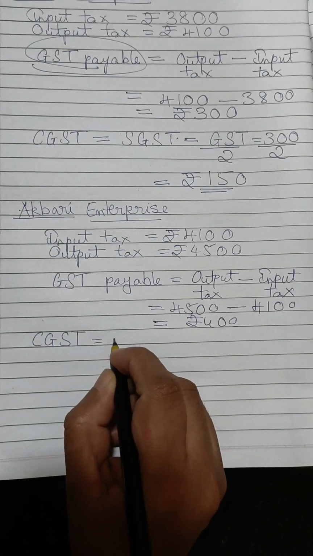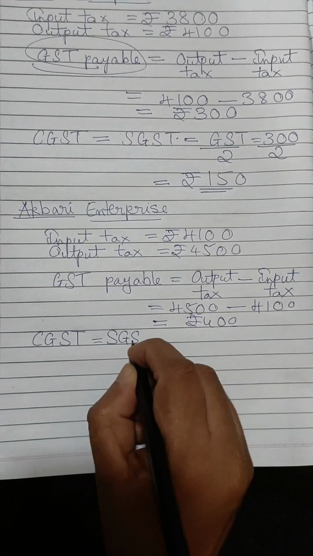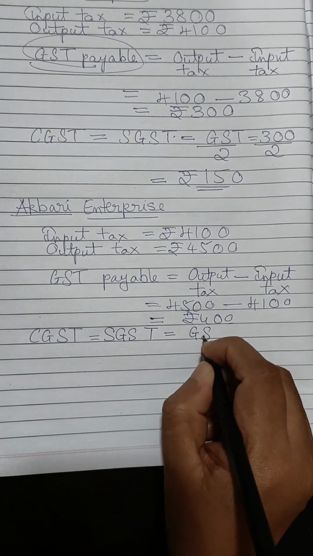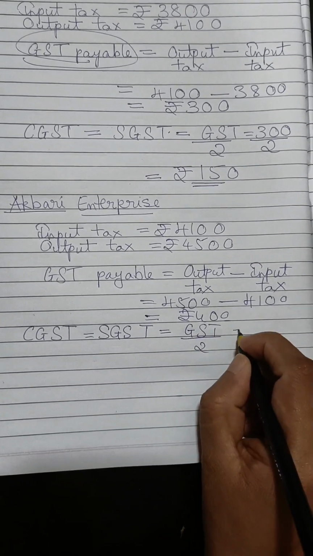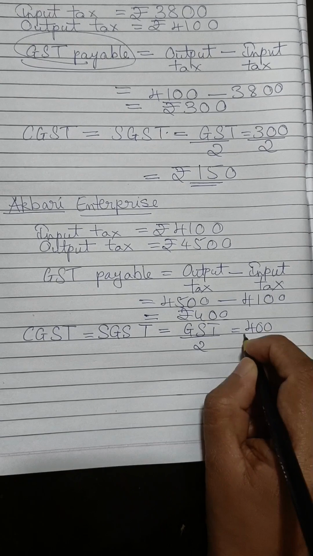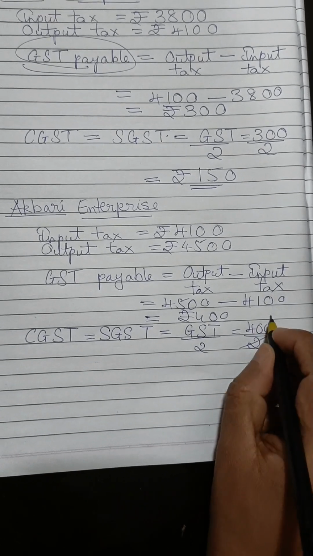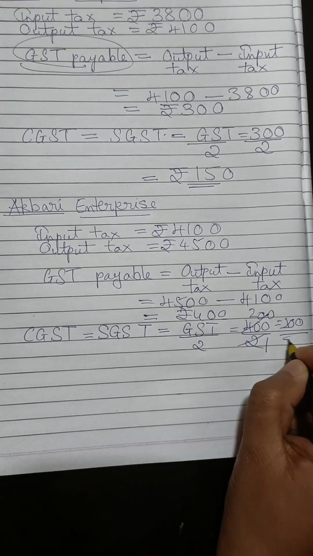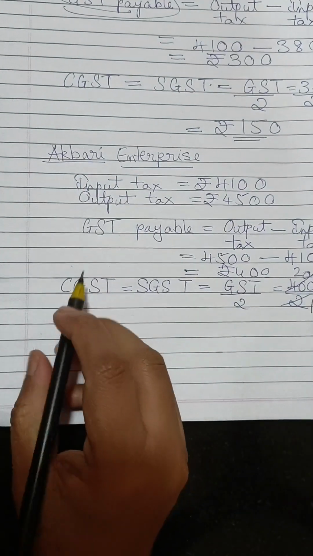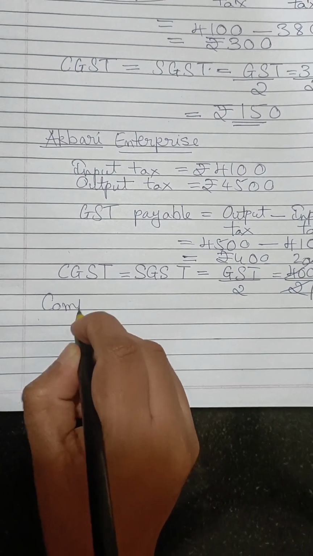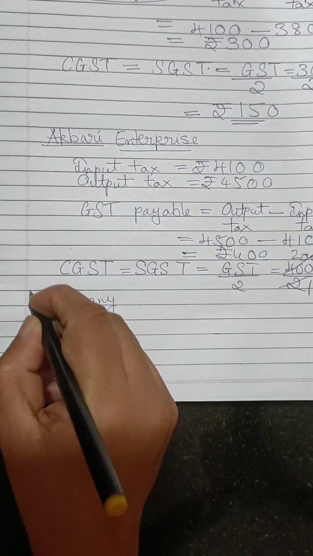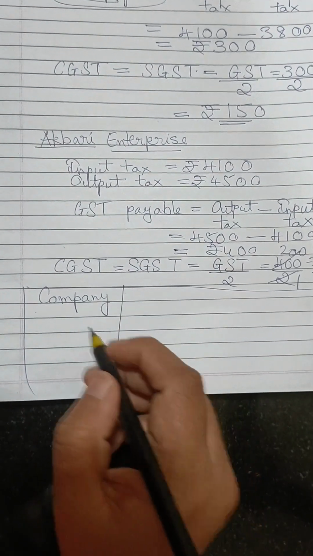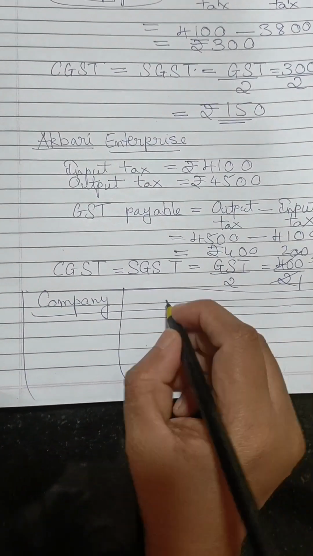And what are we supposed to find? CGST is equal to SGST is equal to GST upon 2, which is 400 upon 2. 2 ones are 2, 2 twos are 4, so you get it to be 200. Now what you can do is write the company name so that the examiner is happy and checks this only instead of your solution.